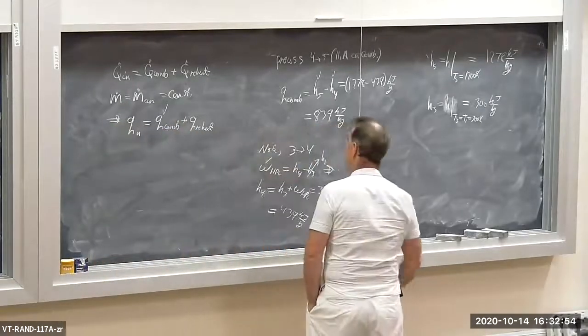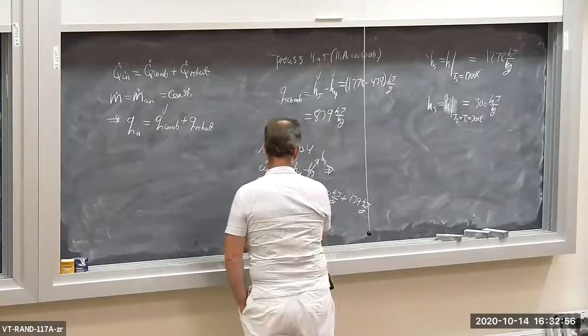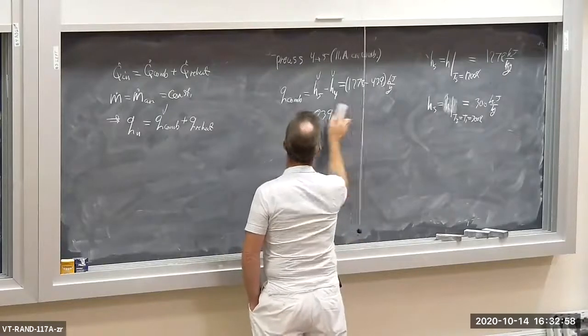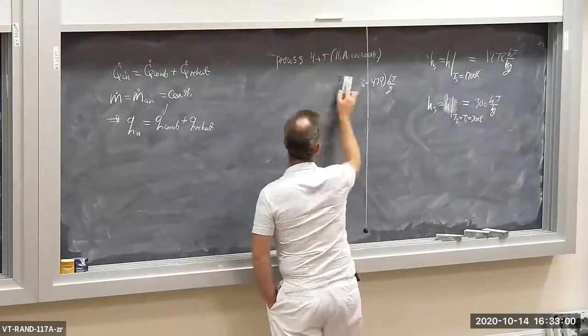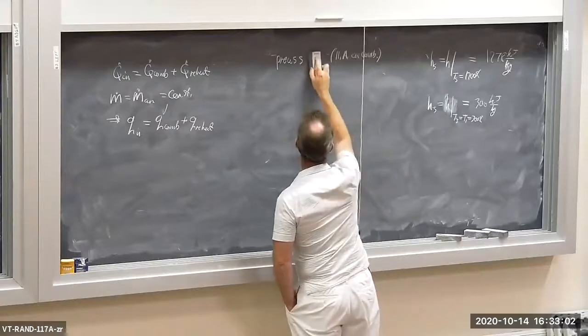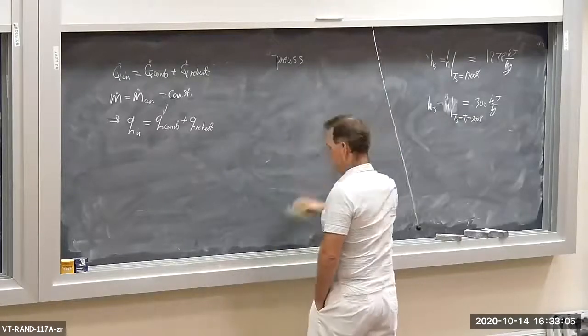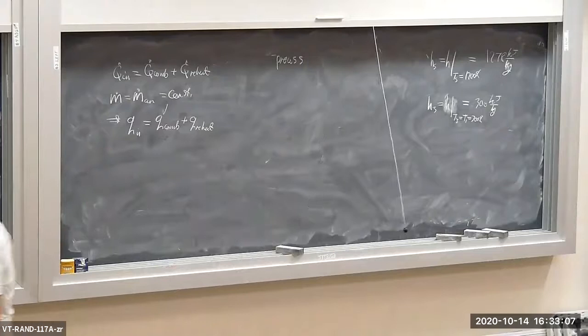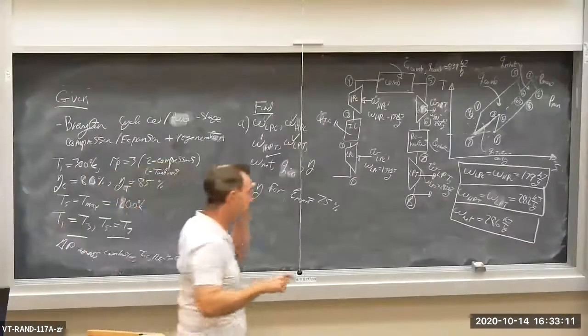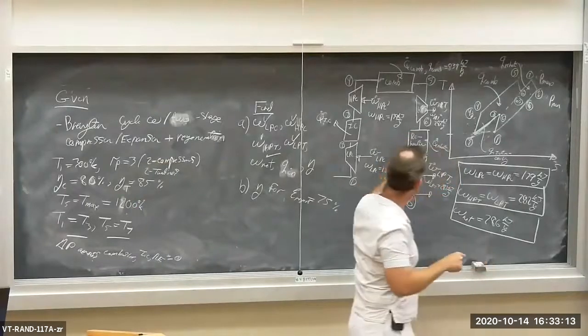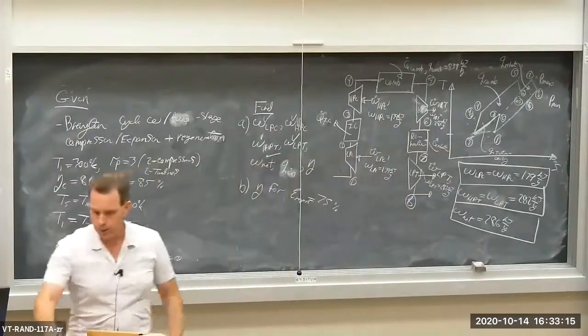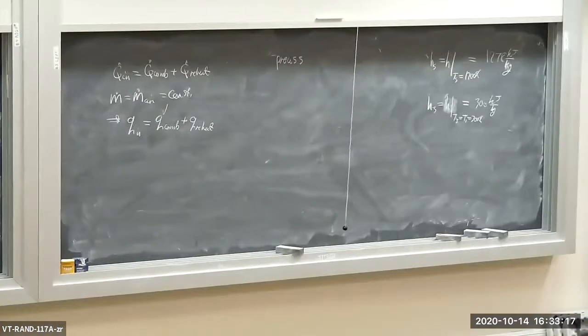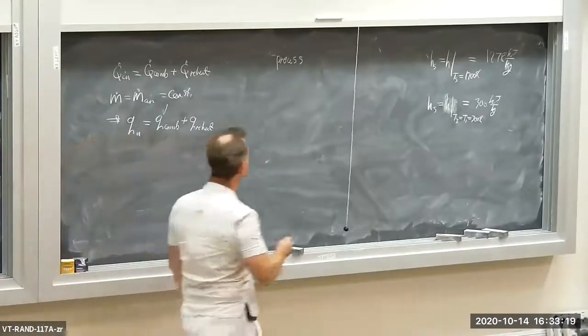Oh boy. Q for the reheater. Well, the reheating occurs from state what? State 6 to 7. So process 6 to 7 is the heating in the reheater.